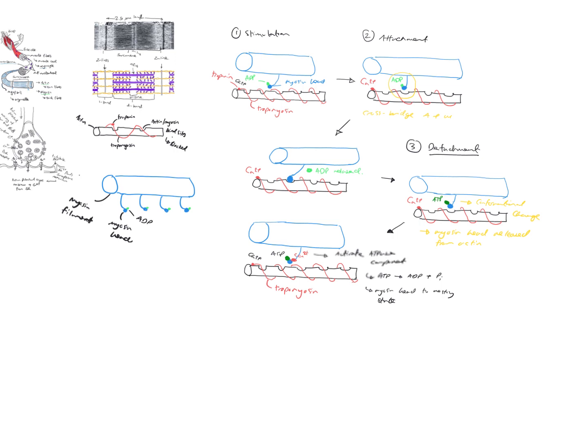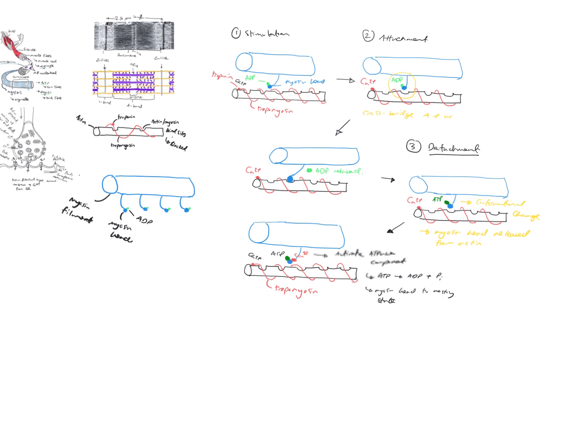That is going to result in a conformational change in the troponin molecule, which is going to pull the tropomyosin along the actin filament and therefore reveal the actin-myosin binding sites. When this happens, the myosin head binds with the exposed binding site, forming a cross bridge.